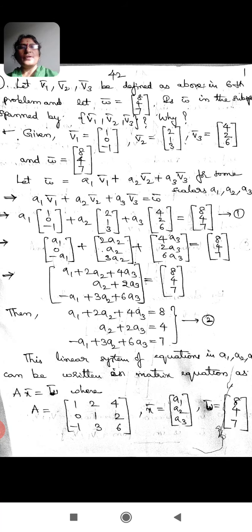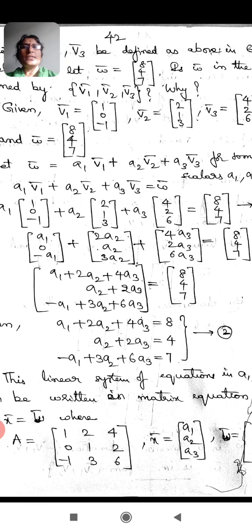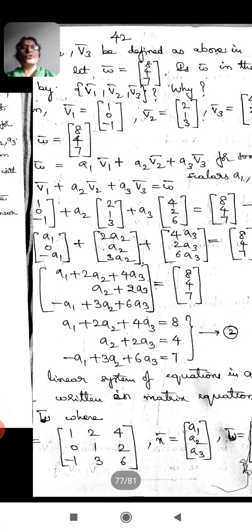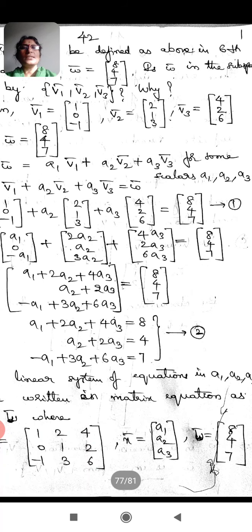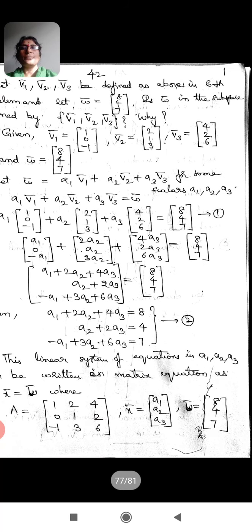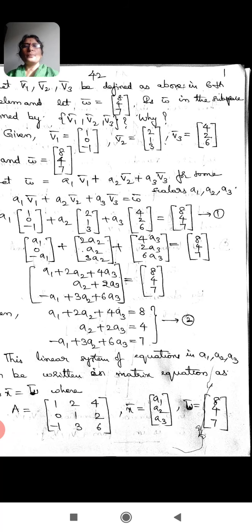There, v1 is equal to 1, 0, minus 1, v2 is equal to 2, 1, 3, and v3 is equal to 4, 2, 6. These are the three vectors given to us, and there is one more column vector, named w bar, given as the column vector with the elements 8, 4, 7.